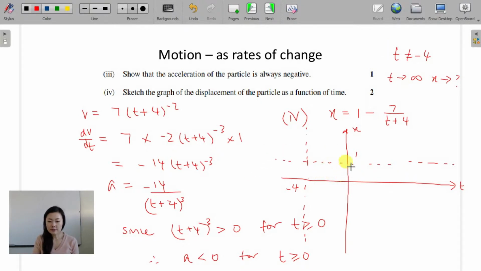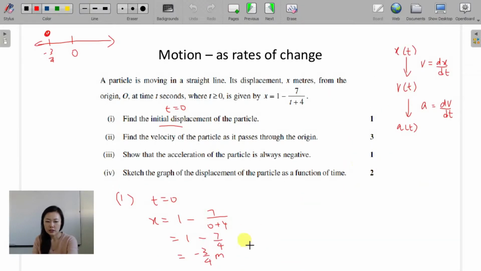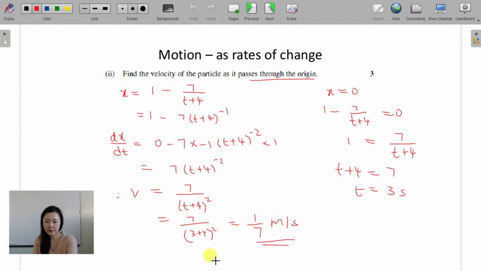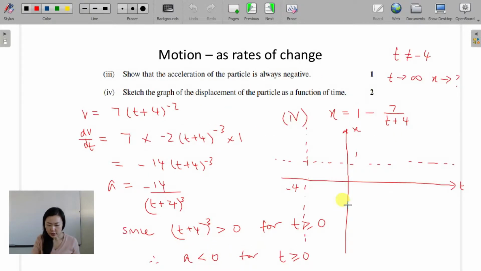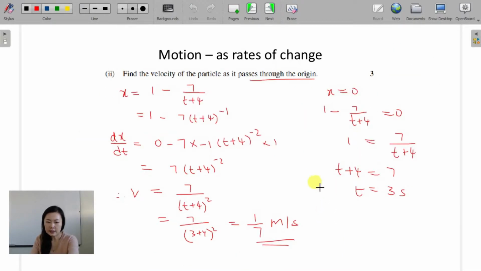Okay, so we've got 1 as the horizontal asymptote. Now, we know that initially, let's go back to the question. Initially, it started at -3 on 4, and it's 0 at 3 seconds.